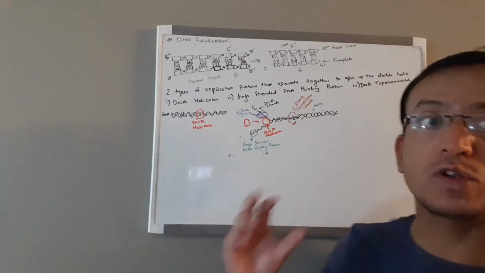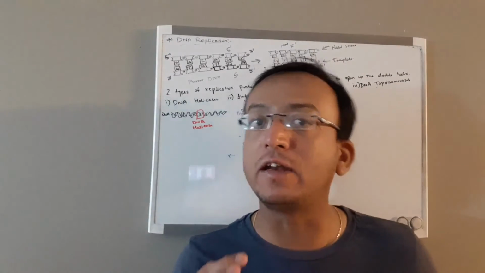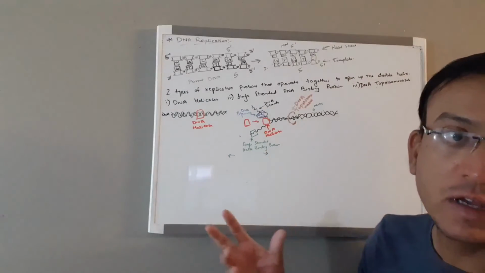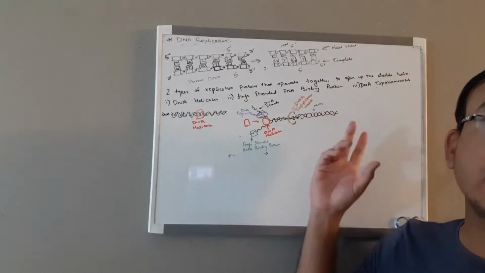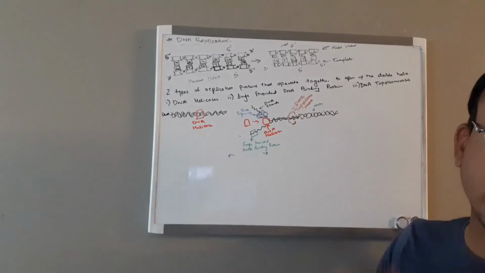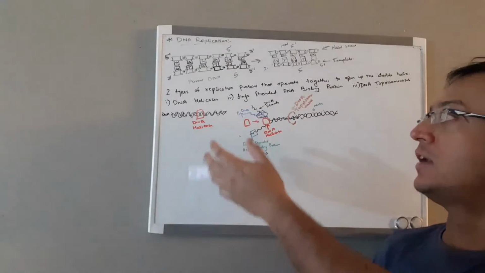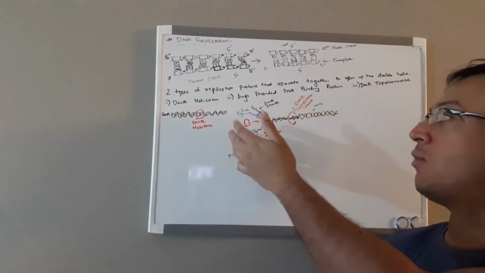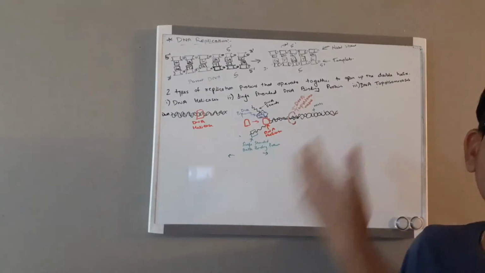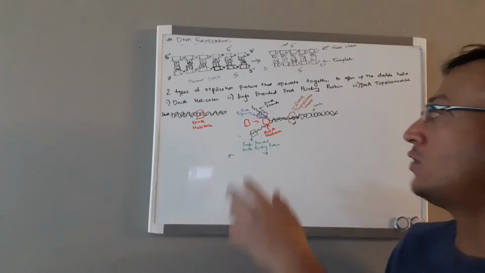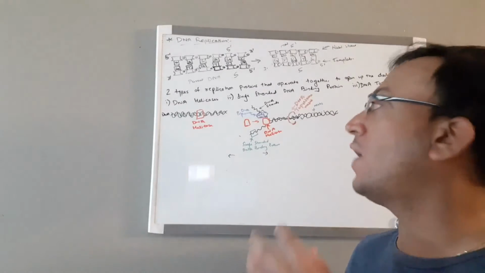But this rapid dissociation would make it difficult for the polymerase to synthesize a long DNA strand. If it keeps falling off, it will be hard for the DNA polymerase to synthesize the entire DNA strand produced at the replication fork.